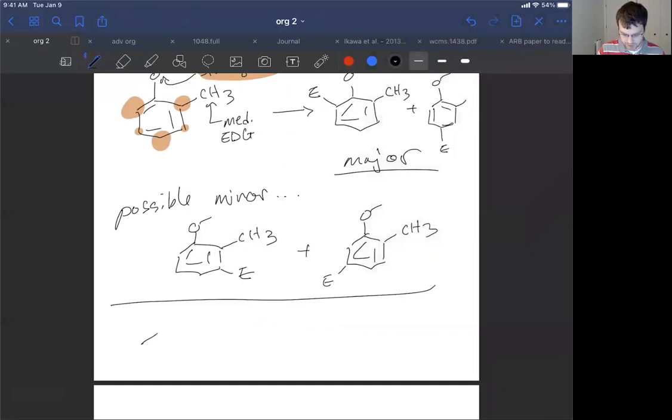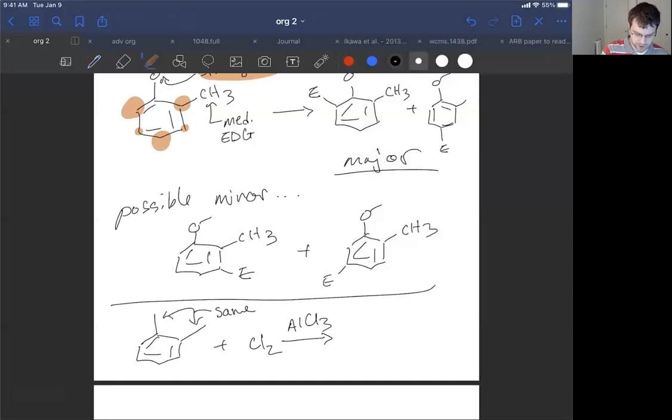Okay, so let's do a specific example now where we have, let's try this. Let's take this and we're going to add Cl2 and then AlCl3. You'll notice that these two are the same. Two CH3 groups. Okay, so if we have these, it turns out they're not necessarily working with each other.